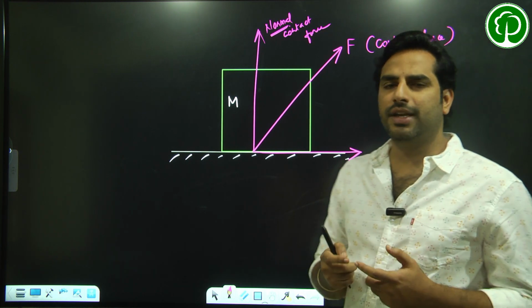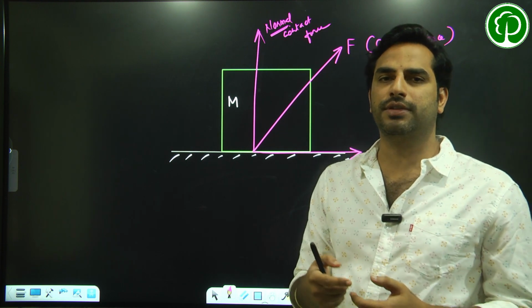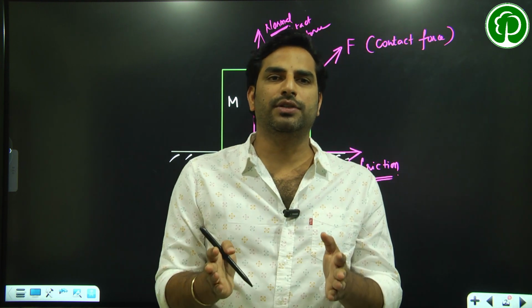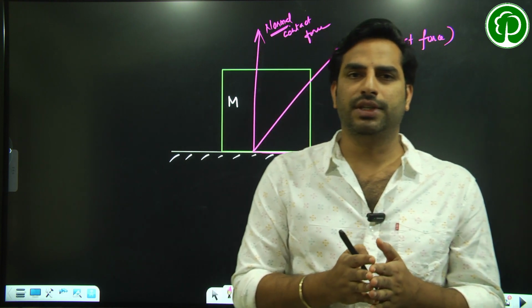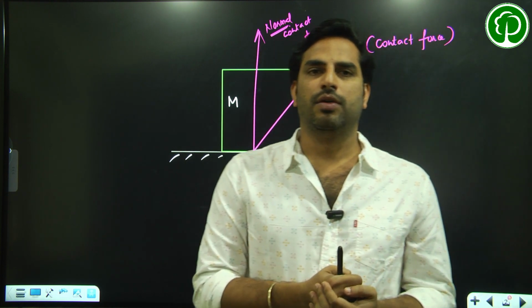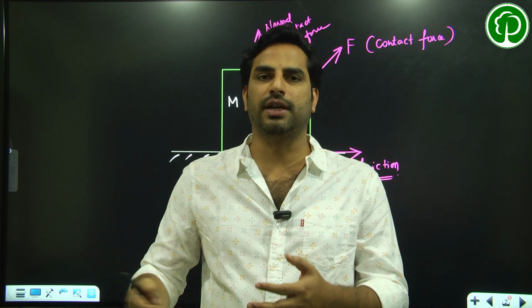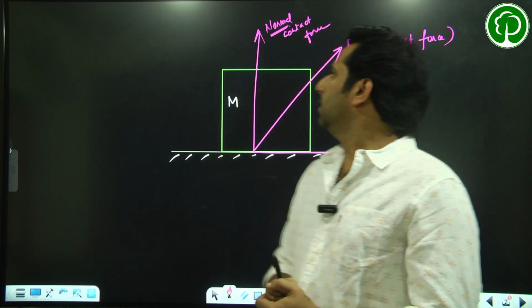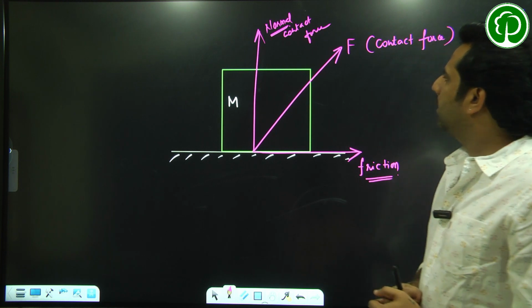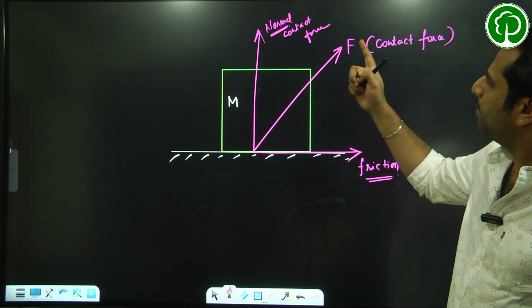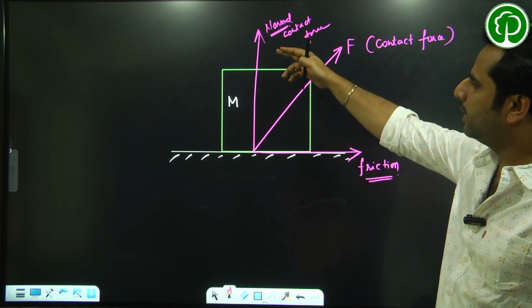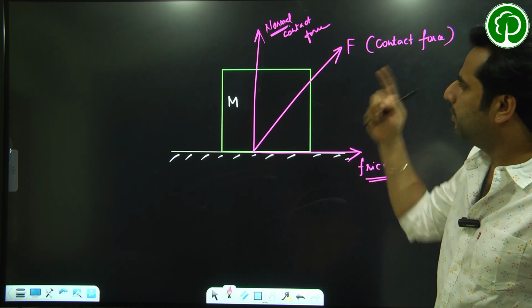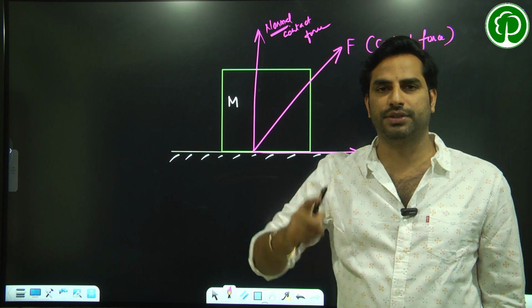So basically, normal force and frictional force are two components of the single force which is known as contact force, which is electromagnetic force, one of the four basic forces in nature. And if you observe, normal force is always directed perpendicular to two surfaces in contact, and it is always directed in the direction of push.